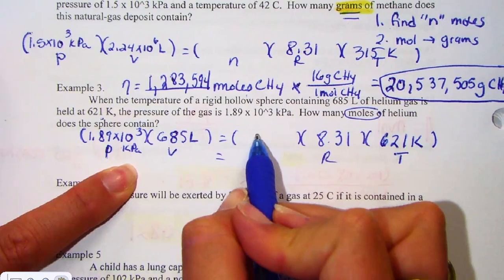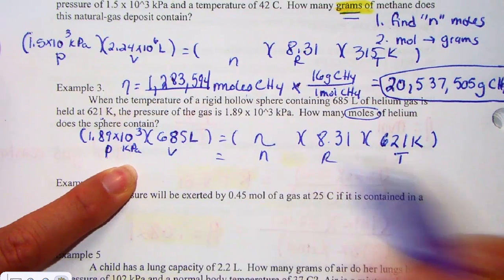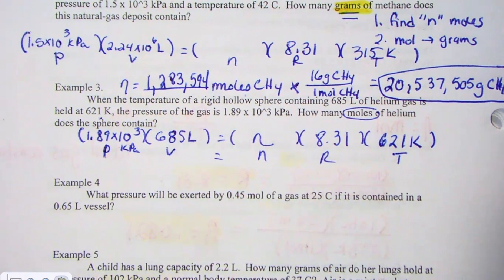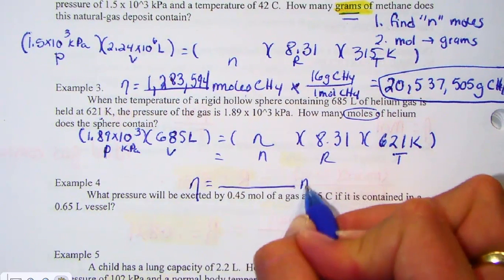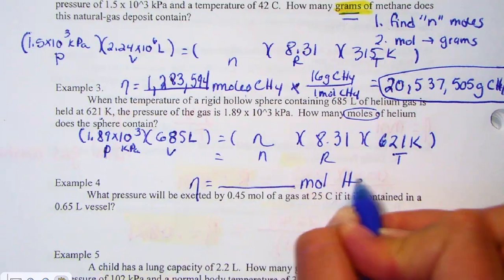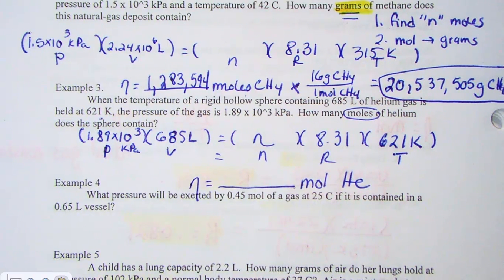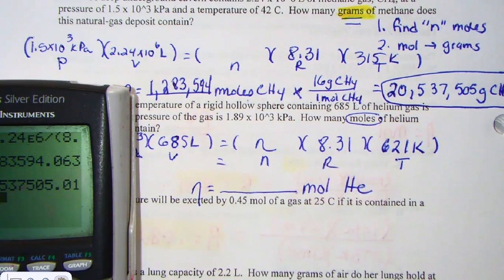It's asking us to solve for n, the number of moles, and I don't need to do any mole map work, it's just asking for moles, so that indeed does match what n stands for. When we find n, we'll have moles of helium. Starting on the side without the variable, we have PV divided by RT.